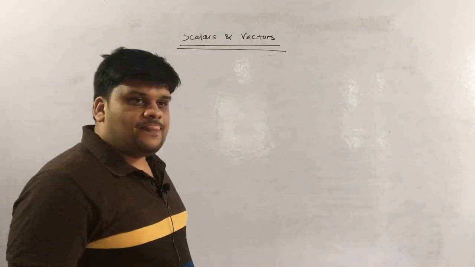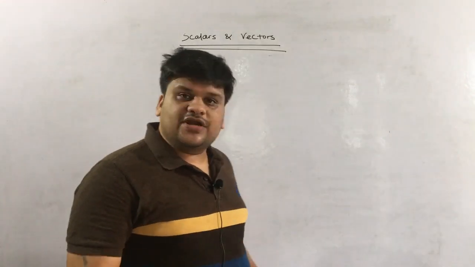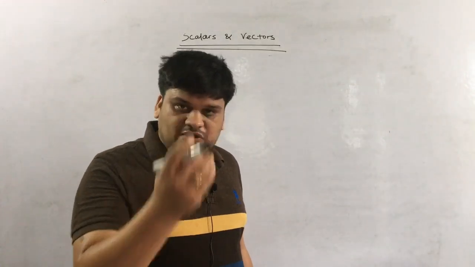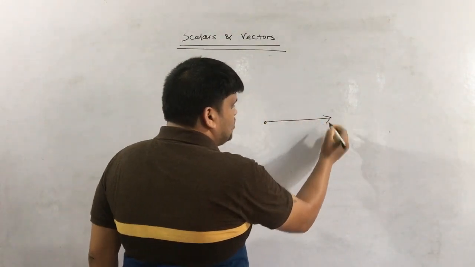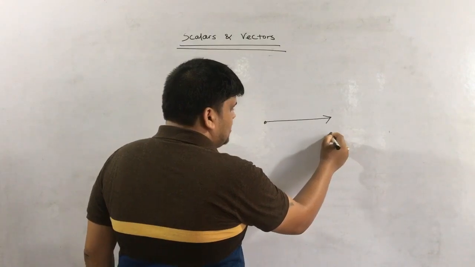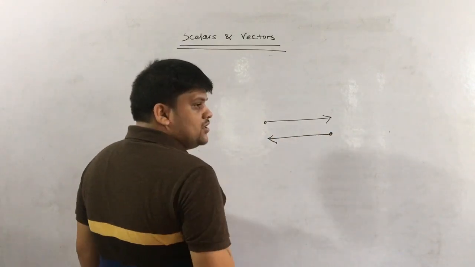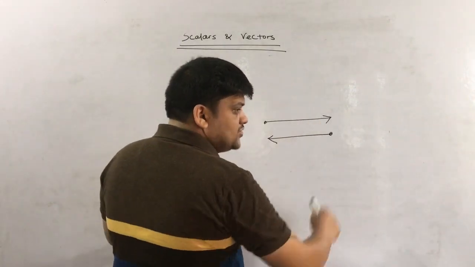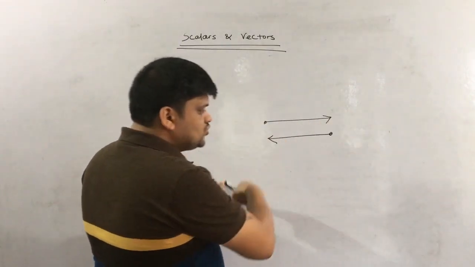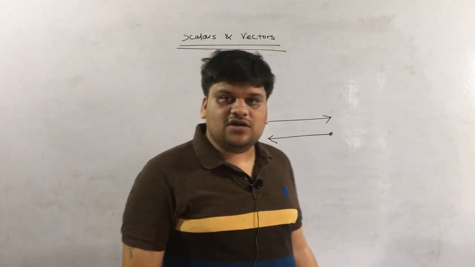Current has a particular direction or not? Obviously yes, because if I am telling current is moving from here to here, and if I am telling current is moving from here to here, they both have different meanings. From a switch to a bulb a current is coming, and from a bulb to the switch a current is coming. They are obviously different things.